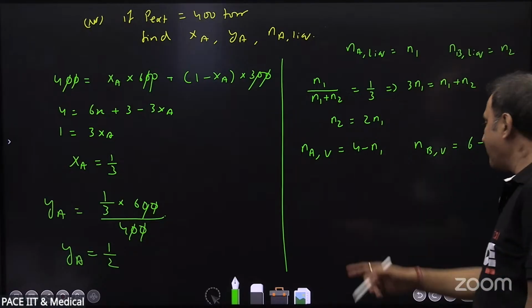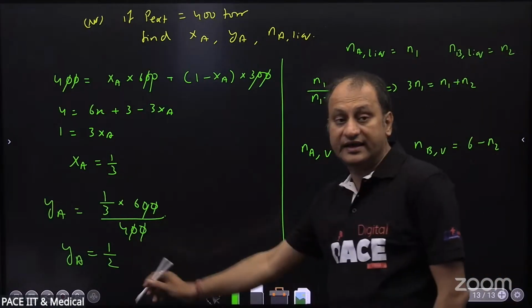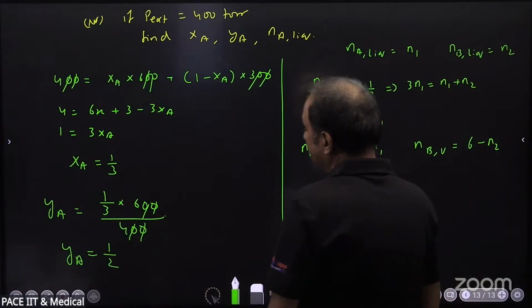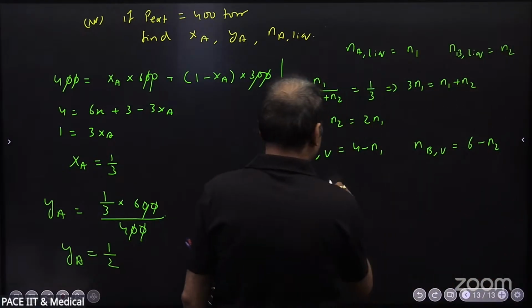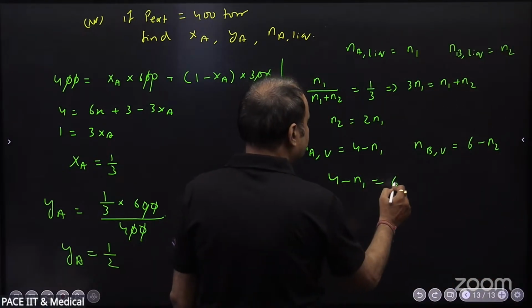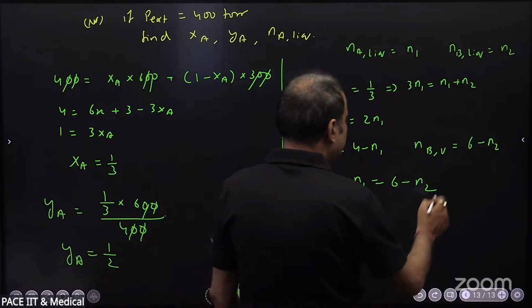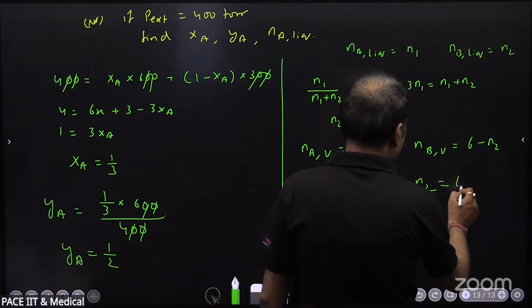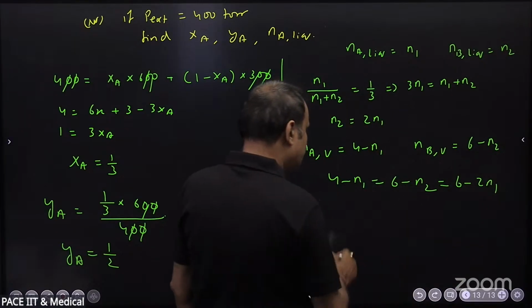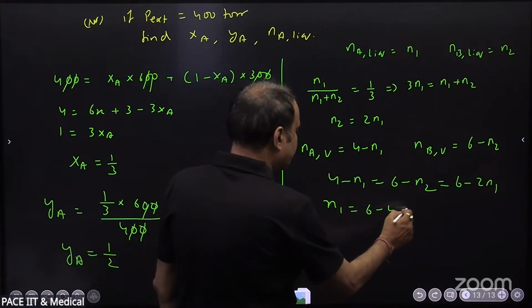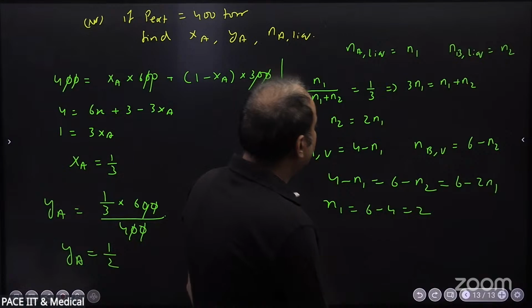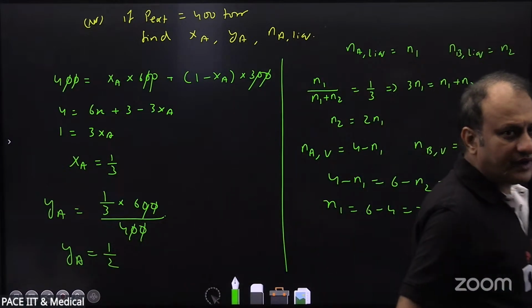In vapor form, the mole fraction of A is half, meaning A and B have equal moles in vapor form. So 4 minus N1 should be 6 minus N2, and N2 I write as 2N1. So 6 minus 2N1. So we get N1 is equal to 6 minus 4, that is 2.